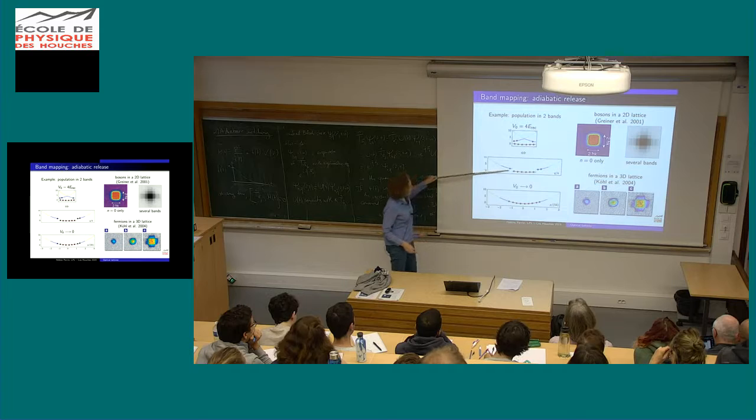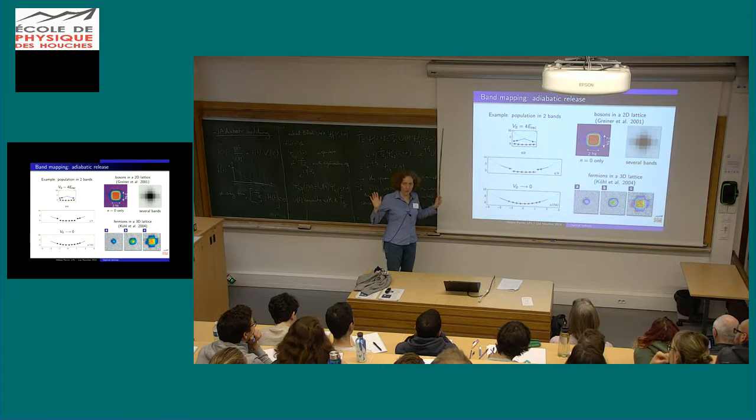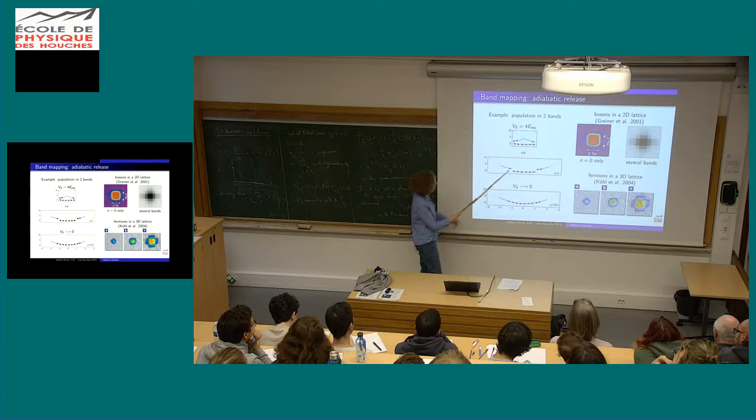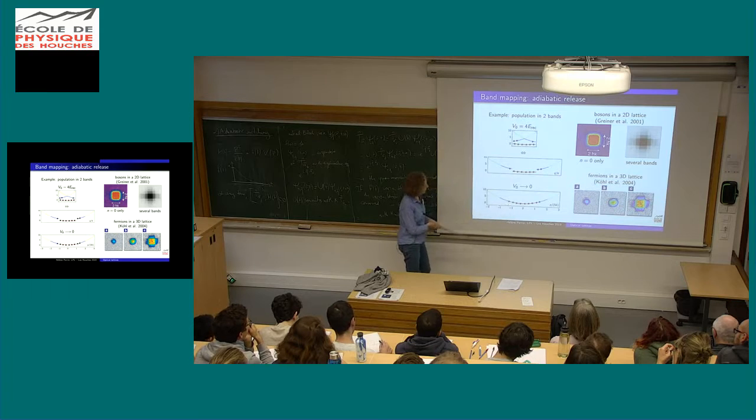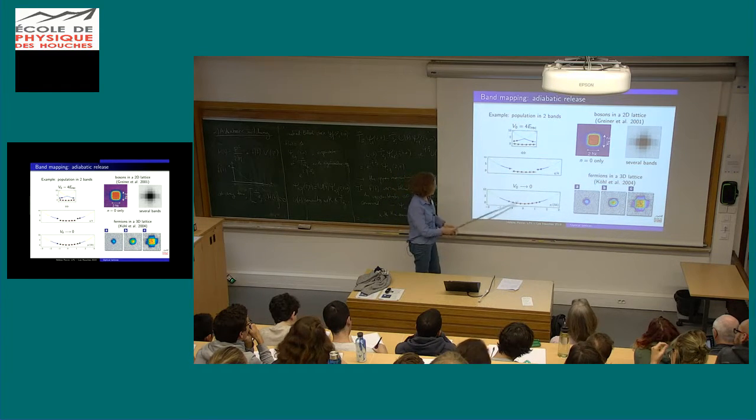And now it becomes very clear what's happening when you lower the lattice adiabatically. You are supposed to preserve both the band index and the quasi-momentum. So what will happen is that these gaps will close and you map onto this, which is just now the dispersion of a free particle. And here is the momentum distribution you will observe.